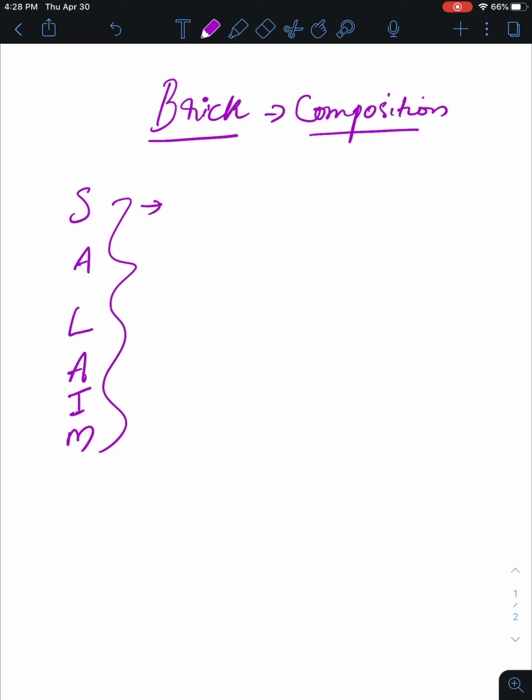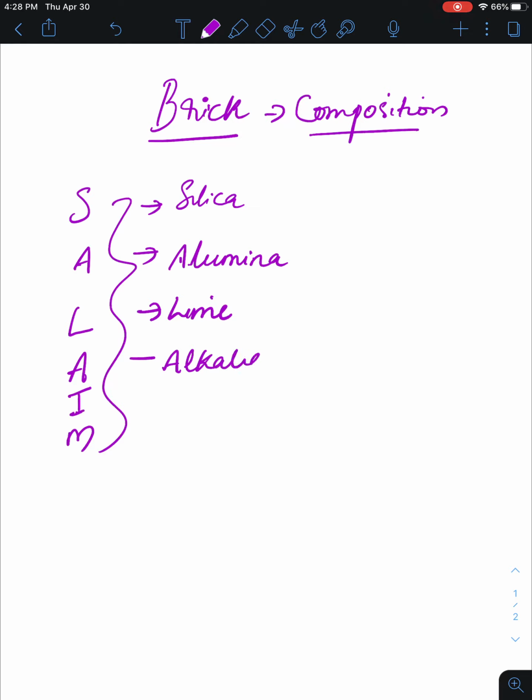S stands for silica, A for alumina, L for lime, A for alkalis, I for iron oxide, M for, what is the last one? Magnesia.